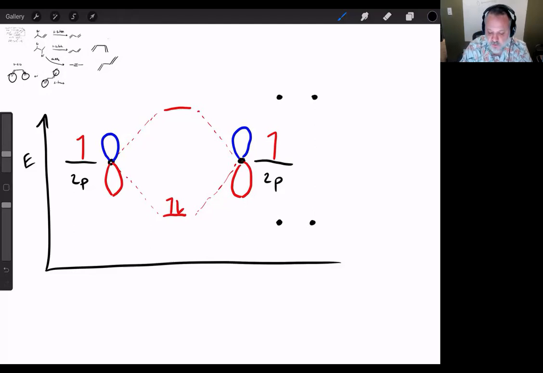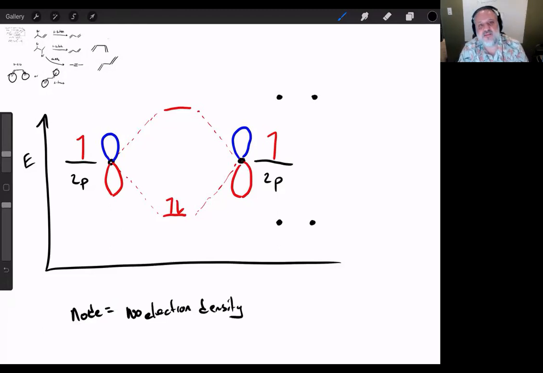And it's about nodes. Remember that a node is a place where there is no electron density. It's an infinitesimally small plane in between the two atoms where there will be zero probability of finding an electron.